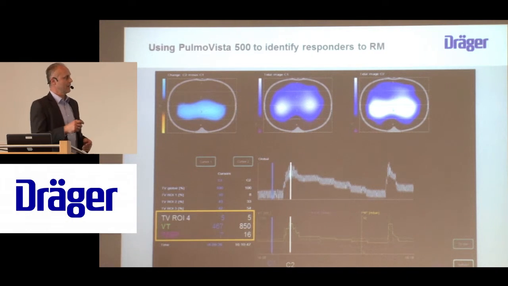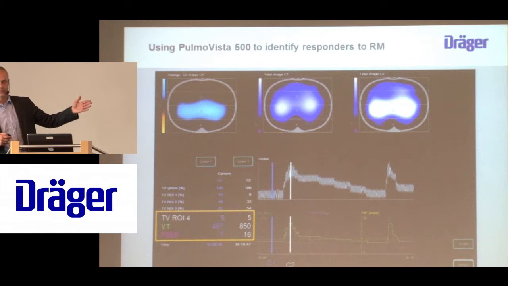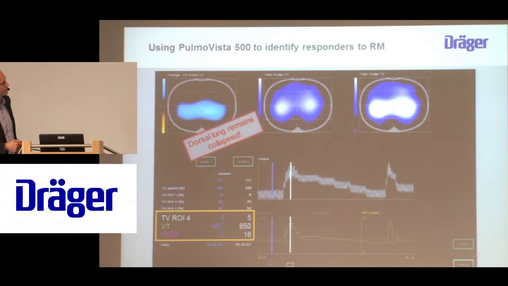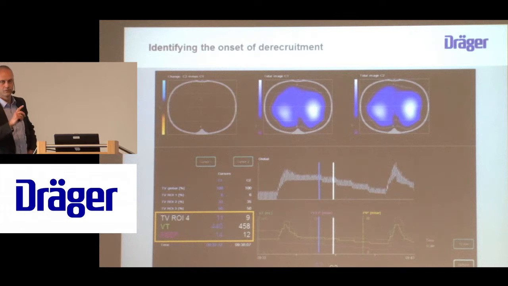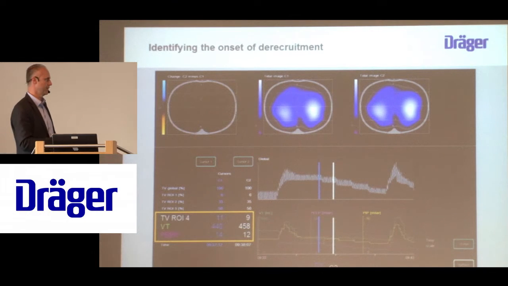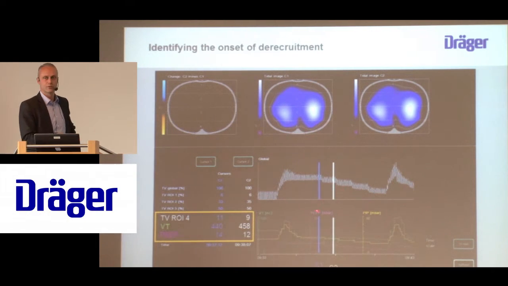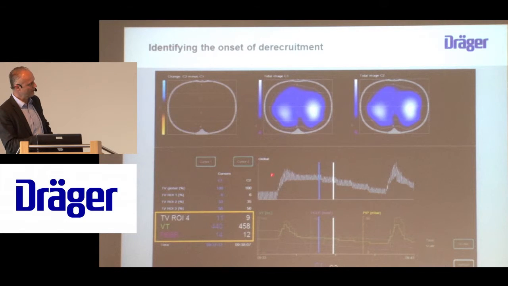The second task which you can demonstrate in this data set is if you now follow the decremental PEEP. Now you have to set a new baseline. First we had the baseline before we did the recruitment maneuver. Now in this patient, and that was a responder, you can define a new reference point at the highest PEEP level, where the lung is fully ventilated.